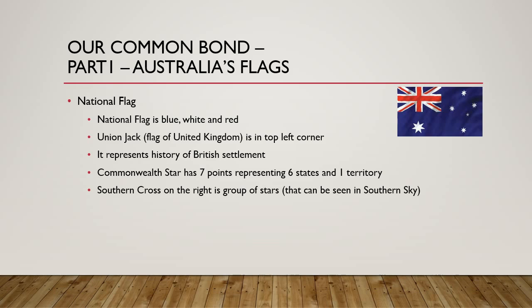Actually we have 6 states and 2 territories, the Northern Territory and the ACT, but there is one combined point for the territories. The Southern Cross on the right is the group of stars that can be seen in the southern sky.